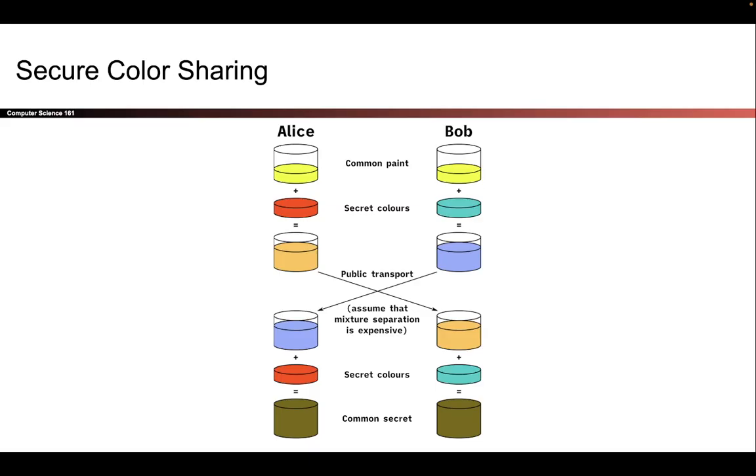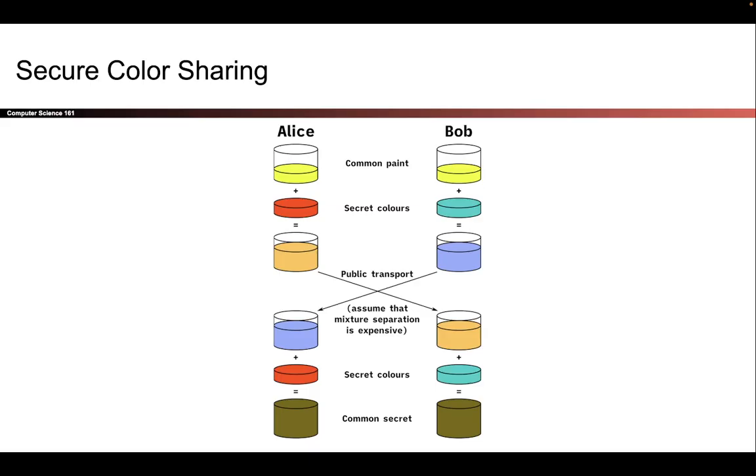He has received orange, which is a disguised version of Alice's secret, and he will mix in his own secret, which is teal, and the result is the same thing. It's a mix of red, which is Alice's secret, the common color yellow, and teal, which is Bob's secret, and Bob also gets that same gross looking color. So that's how it works. The final color is a mix of Alice's secret, Bob's secret, and the common paint, and when they exchanged secrets, they used the common paint to disguise their secrets.